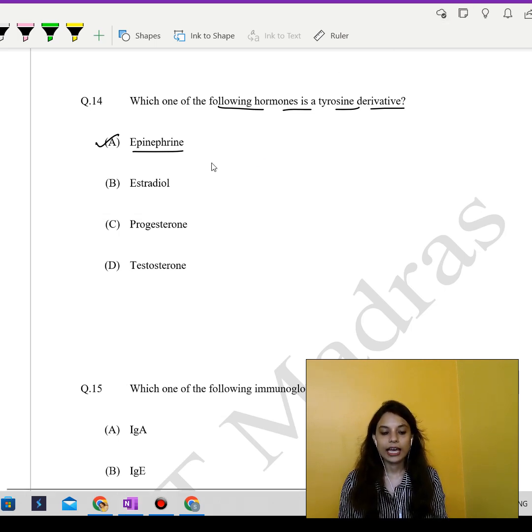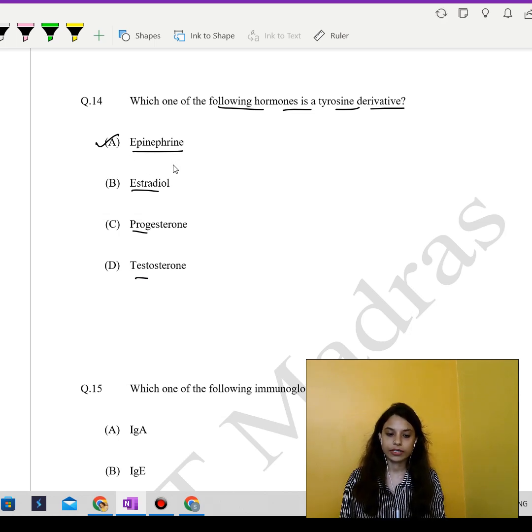On the other hand, estradiol, progesterone or testosterone are all steroid hormones which are synthesized from cholesterol, not tyrosine. So hence our very first option is the correct one. It's a tyrosine derivative.